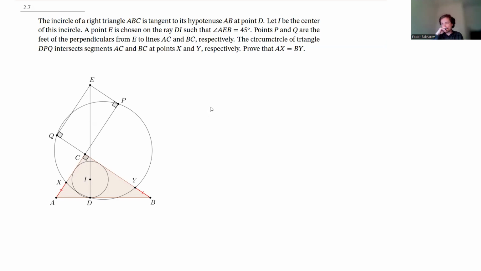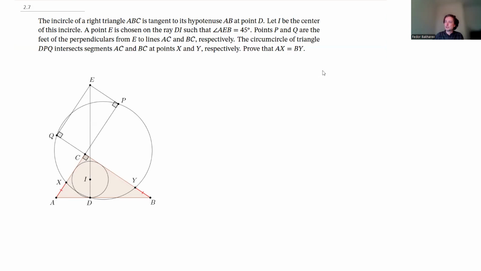And the main idea here is the following: the right triangle is quite interesting one, and let us maybe discuss some background stuff.